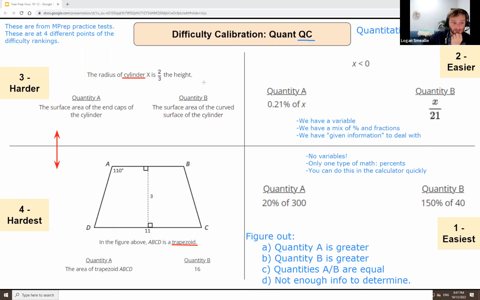And I do think there's something about this one that gives us room to not exactly guess, but not just guess between A, B, C, and D. We can pick a number for the radius and the height.